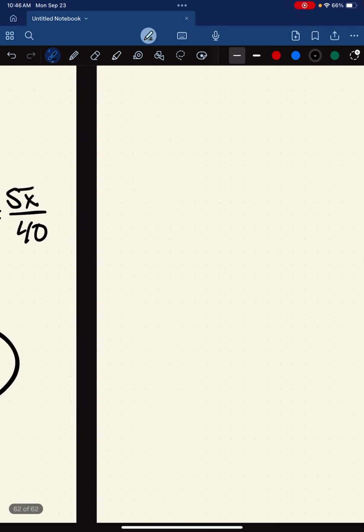Okay, let's do another one, kind of just like it: 3/5 plus 2 over x. Well, the least common multiple of 5 and x, we don't know.